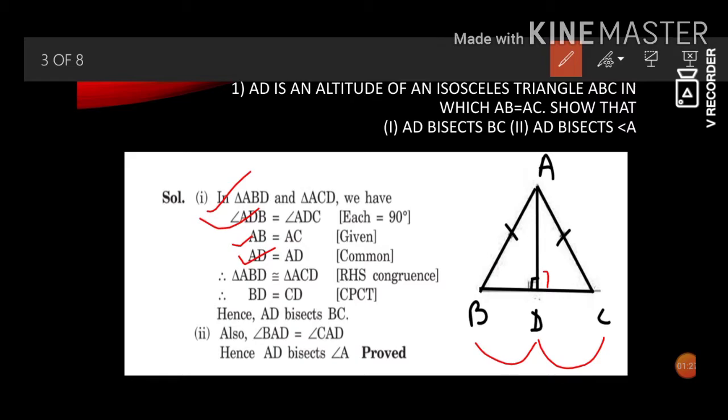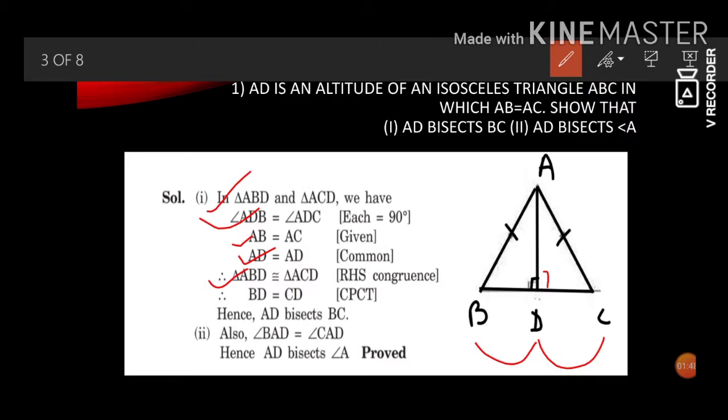With the help of these 3 points, we can prove that triangles ABD and ACD are congruent to each other by RHS, that is, right angle, hypotenuse and side. So with the RHS congruency rule, we can prove that the triangles are congruent.